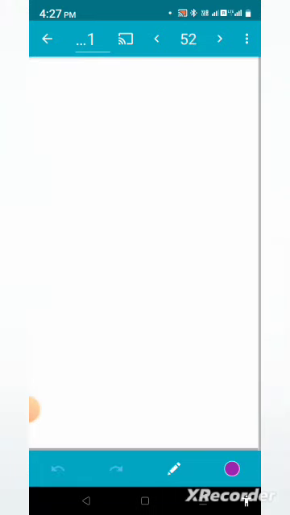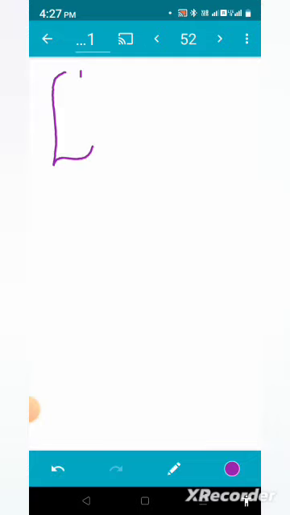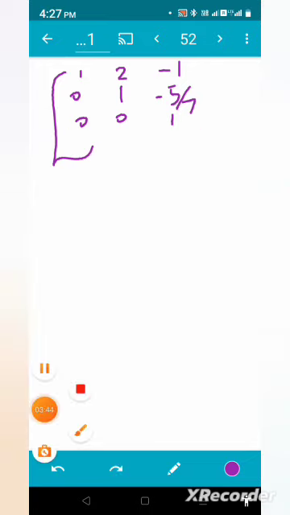So I get 1, 2, minus 1, 0; 1, minus 5 by 7, 0; 0, 1, because this whole R3 row is divided by 8. So I get this number for this row. Then 0, 0, minus 1.